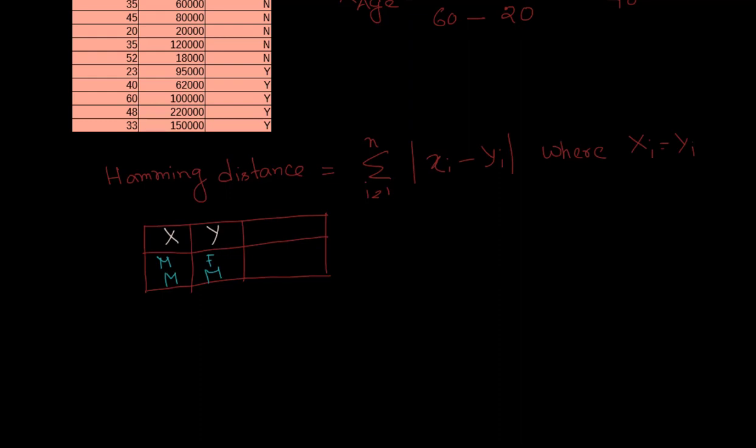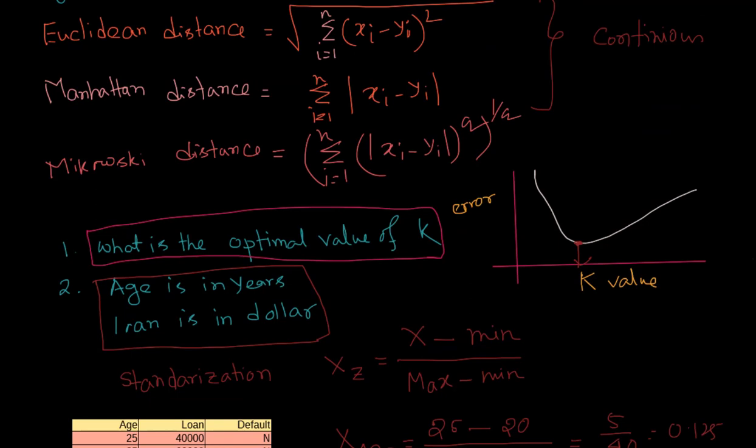The distance will be: if both are same, that means if xi equals yi, the distance will be 0, and if xi not equals yi, the distance will be 1. So in this case distance will be 1, this case distance will be 0. So this is how we approach the features which are discrete in nature as well. Okay, so hopefully I have not confused you guys.